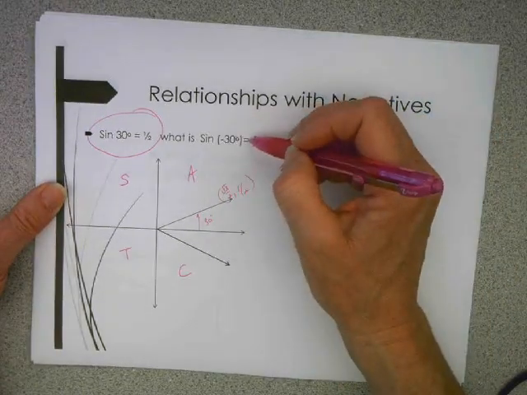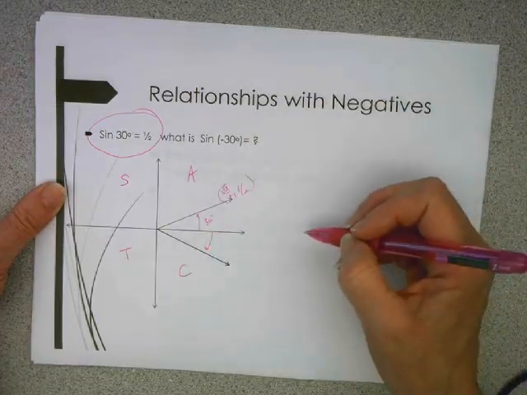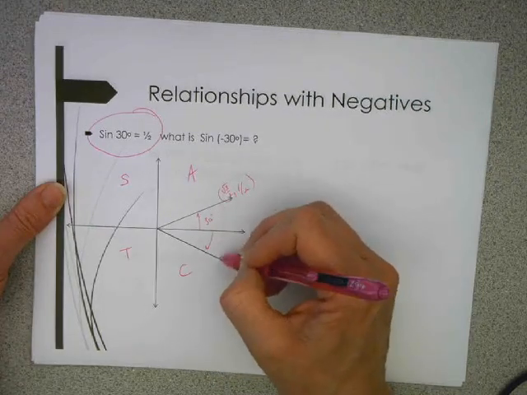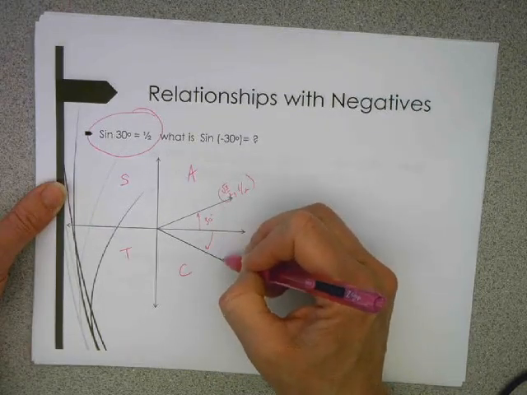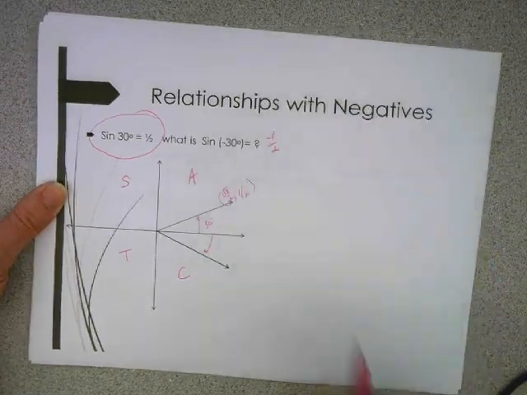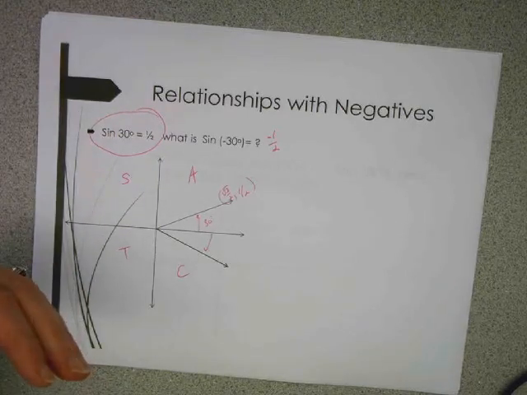What is the sine of negative 30? If I'm going backwards here, what is the sine of that? Well, think about it. That's going to be the same reference angle, but we are in quadrant 4, so the sine of negative 30 would be negative 1/2. So it changes to a negative, a reflection across the x-axis.